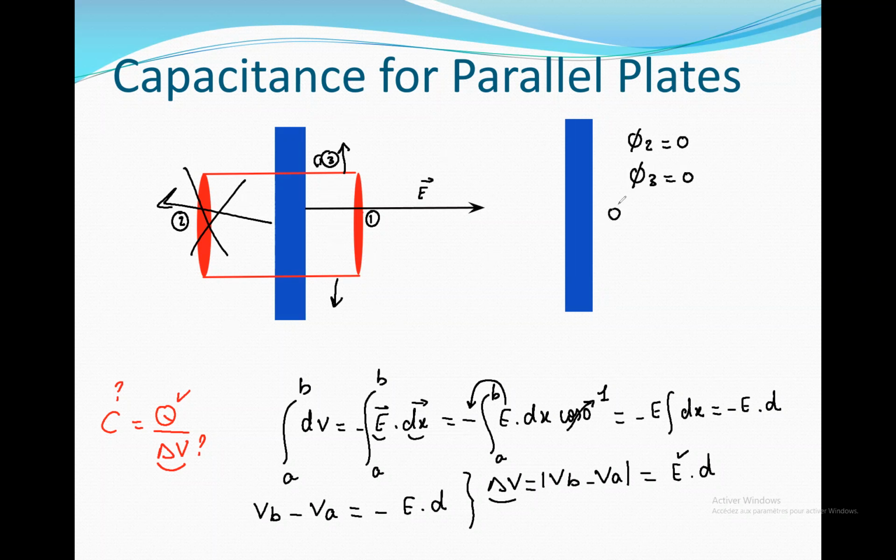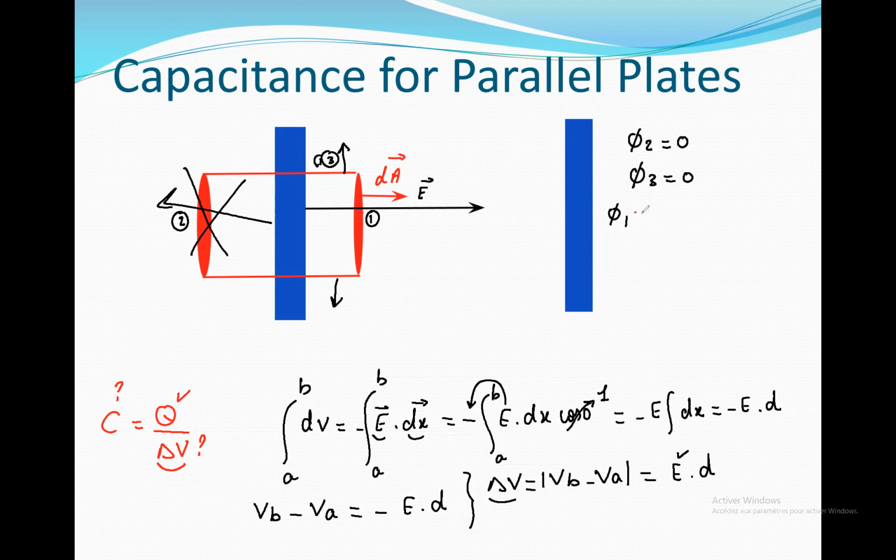We have only phi 1 through this side. On this side, E is constant at any point here, and also we can draw dA, which is parallel to E.